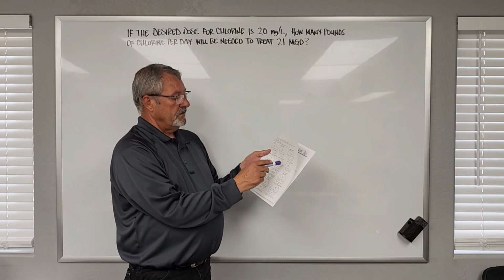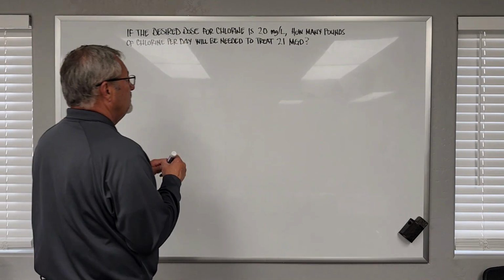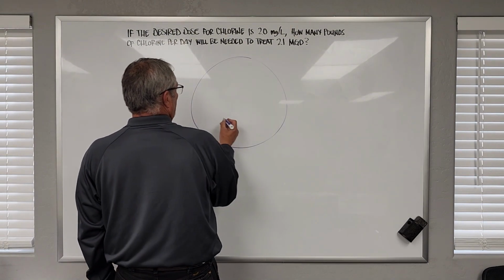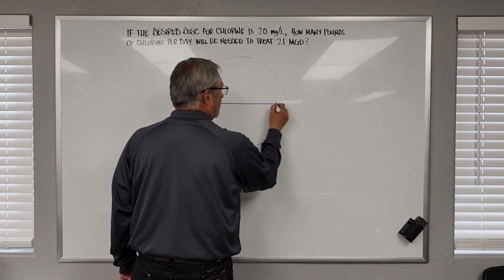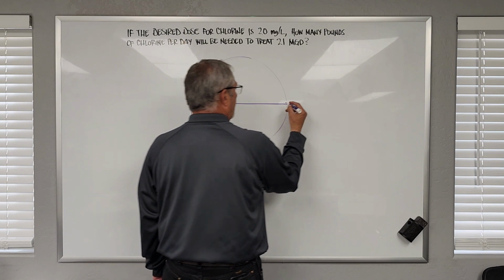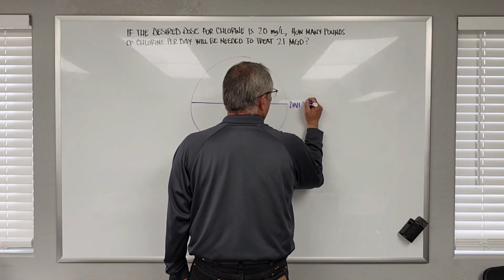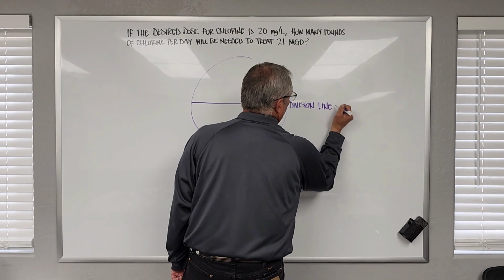It's the second row down, right in the middle. Essentially, this is what it is. Draw a circle. We're going to call that a pie. We're going to cut that pie in half. That line in half is what we call the division line.